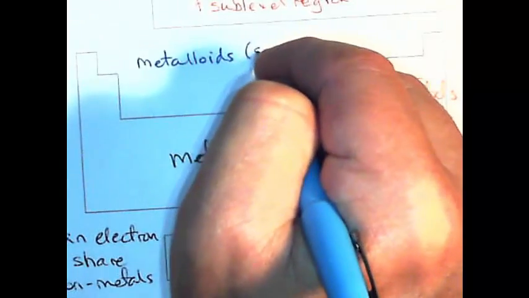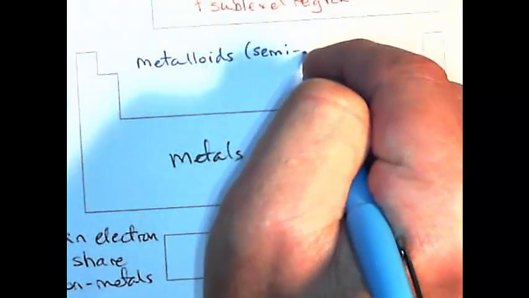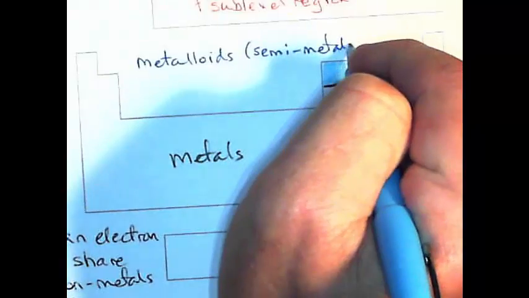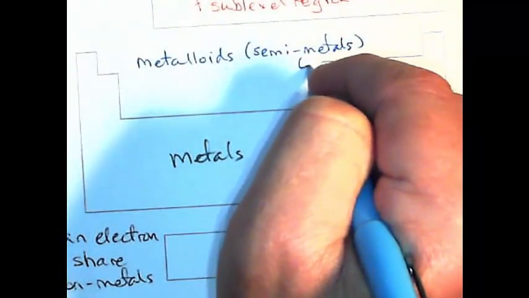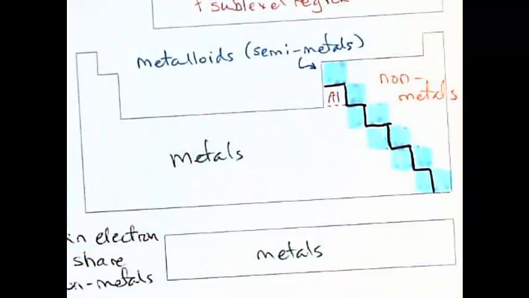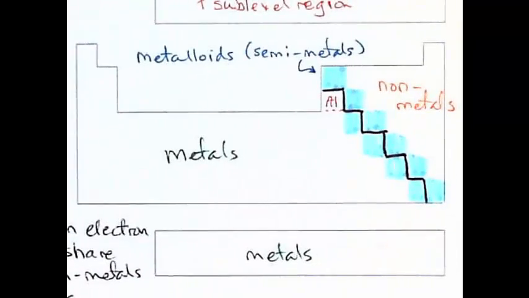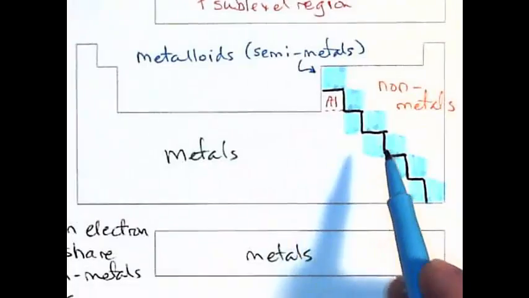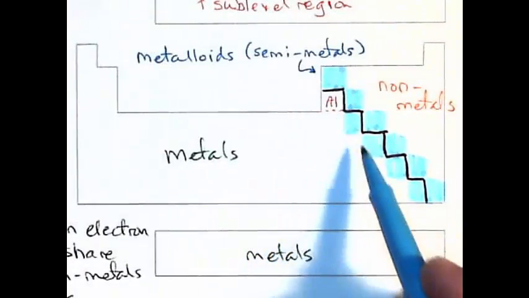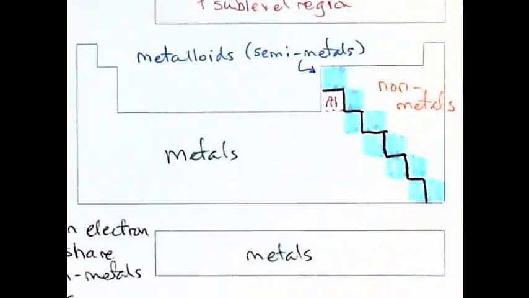Or sometimes they're called semi-metals. Okay? And what that means is that these elements are so close to that dividing line that chemically they sometimes behave like metals and sometimes they behave like nonmetals.